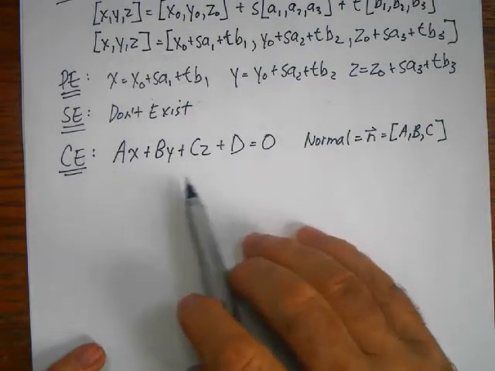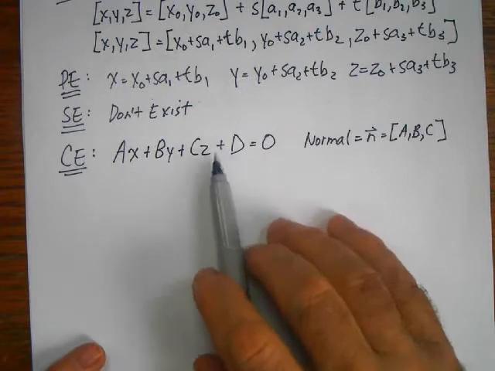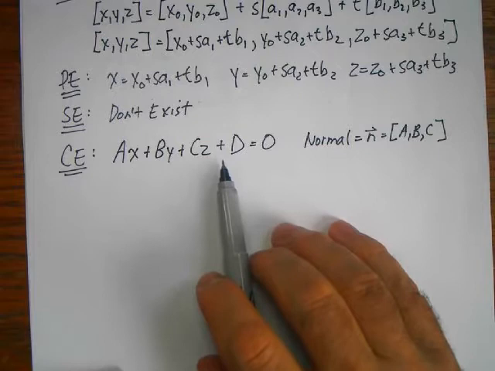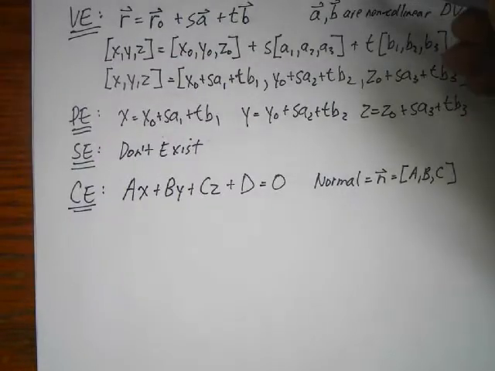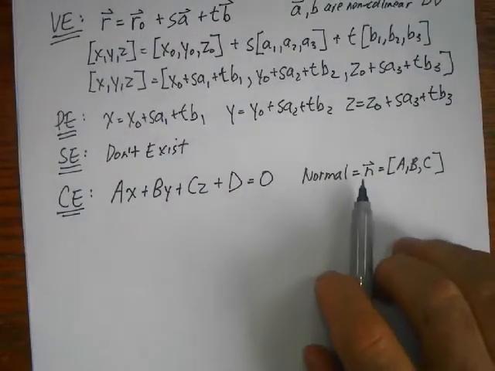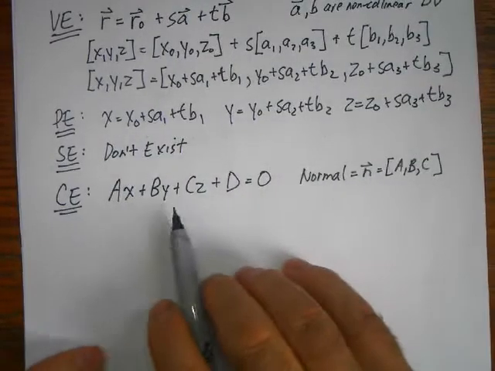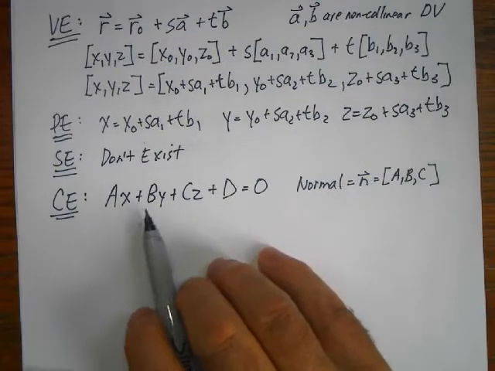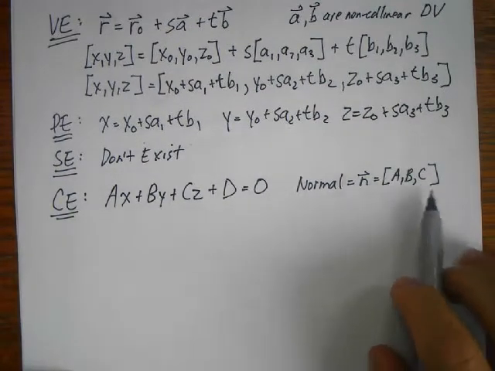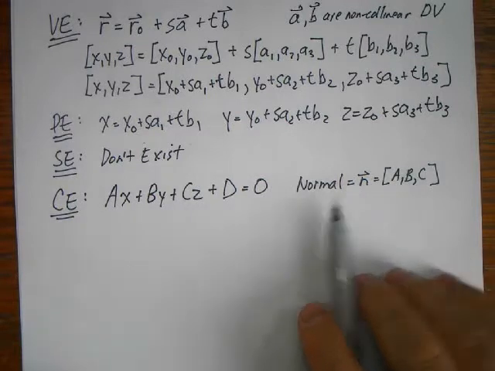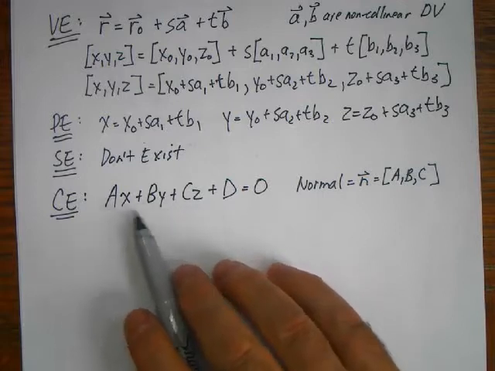And anytime you see an equation written like this, you can tell it's always going to be a plane, and a plane in R3 because that's the only planes we're going to be talking about. Now, we'll get into this in a few minutes, but the A, B, C, and we use capital letters for this, capital A, capital B, capital C, that forms a vector that's actually a normal vector to this plane.